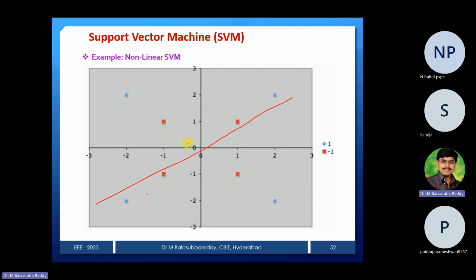If I draw this, there is a mixture of red as well as blue. If I draw any line, it would not be a proper hyperplane. That is the reason that in this non-linear SVM case the distribution is not uniform, and it is difficult to draw a hyperplane straight away.